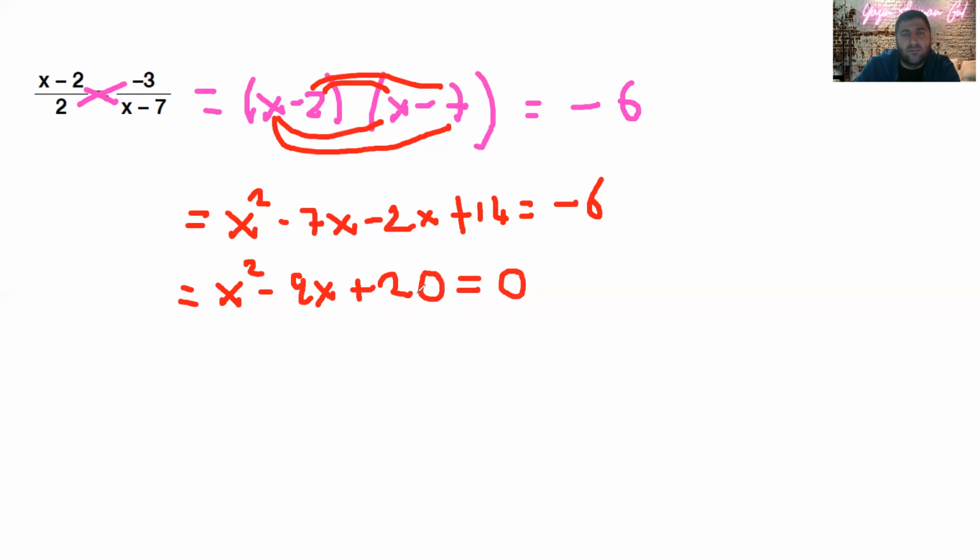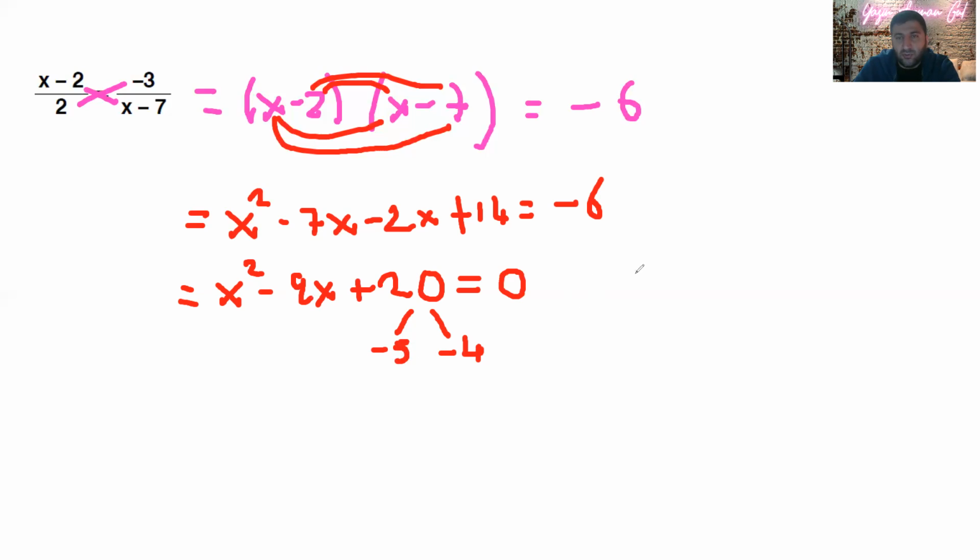I need the factors of 20, and the same factors when I add them, they must give me negative 9. So it's going to be what? Negative 5 and negative 4. Why? Because negative 4 times negative 5 is going to be positive 20. Remember, negative times negative is positive. Then negative 4 plus negative 5 is going to be negative 9.